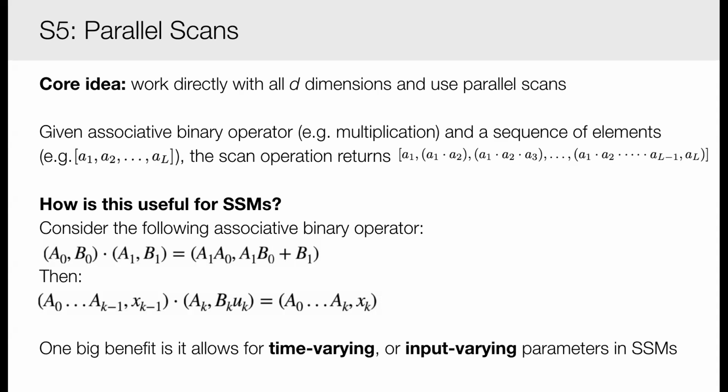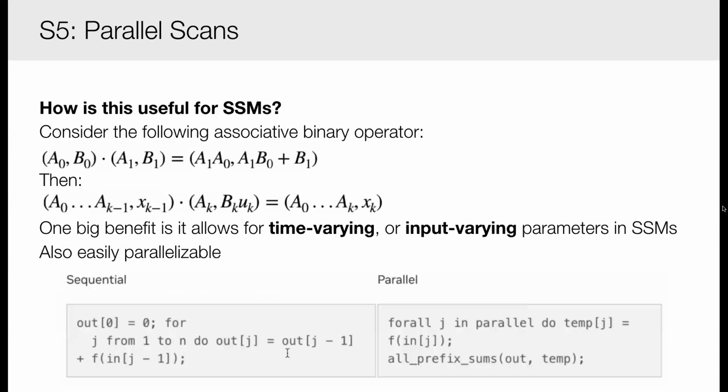So now that you can easily compute your A parameter with this parallel scan idea, it also lets you do time varying, in other words input varying. It allows you to have input varying parameters for your input sequences specifically. Normally you would compute this sequentially, right?